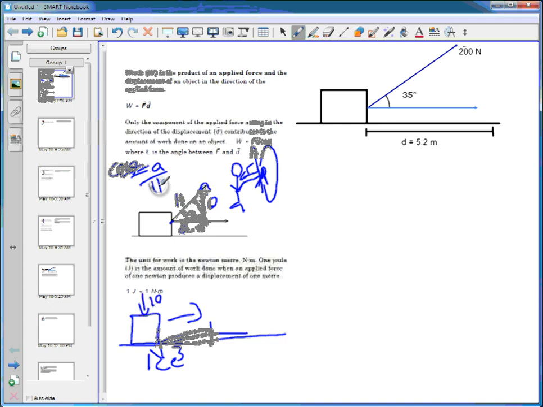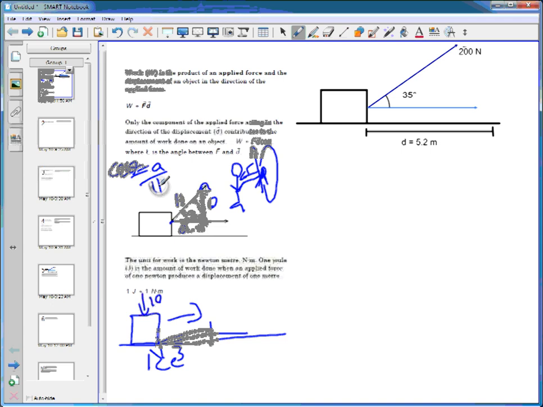In this case, the hypotenuse is the force that is applied. So the force in the direction of the box is equal to the total force times cos of the angle, which is why this equation becomes this equation. So that you can actually see it, the pen's not over it. But it becomes this equation here, FD cos theta.